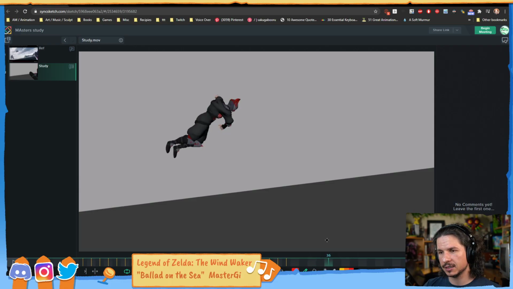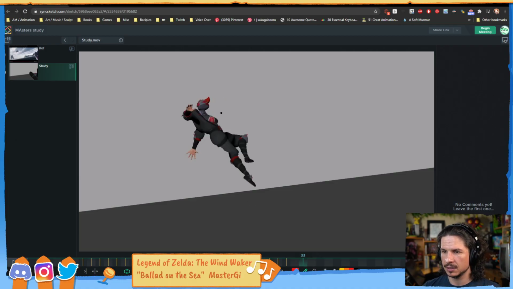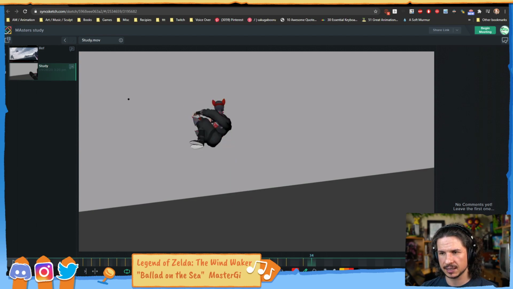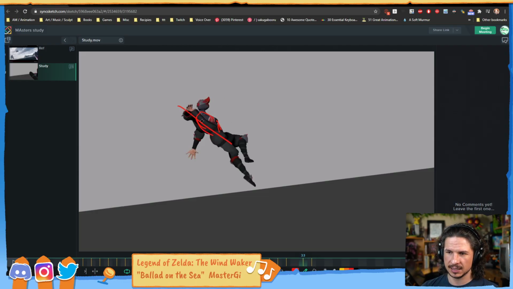I think here you're losing mass somehow. What I mean by losing mass is he's jumping in this direction. He's got this really extreme bend here. And then suddenly his body looks a lot shorter and he's totally rotated in a different direction.